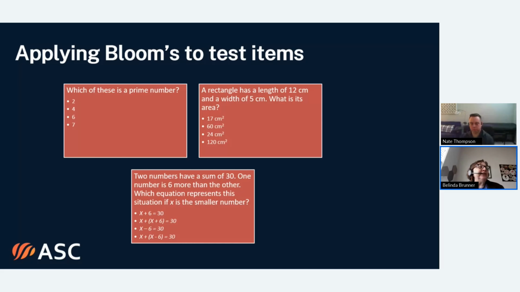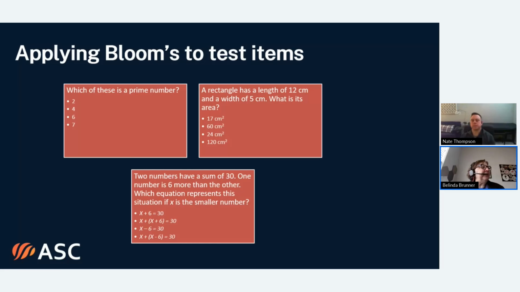Now, if you look at the second question about a rectangle with a length of 12 centimeters and a width of 5 centimeters, what's its area? That would probably be an analysis question, but I say probably because it depends upon how you interpret it. Is it application or is it evaluation of the problem?